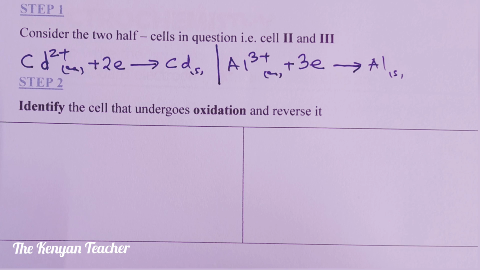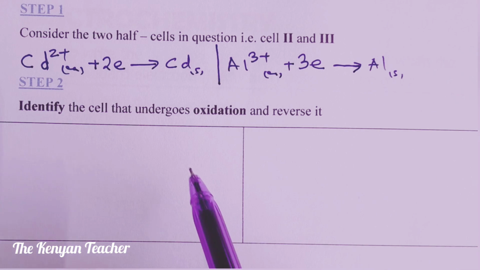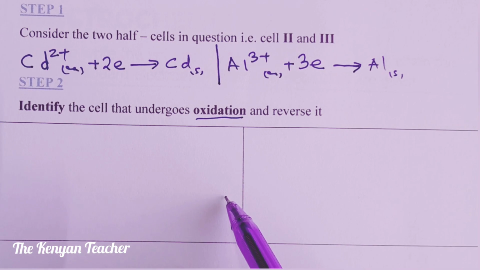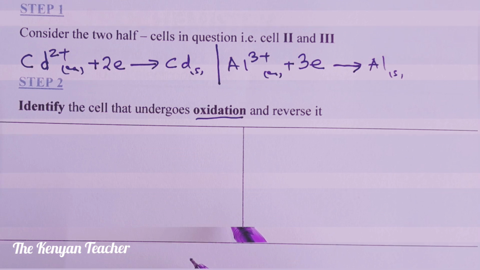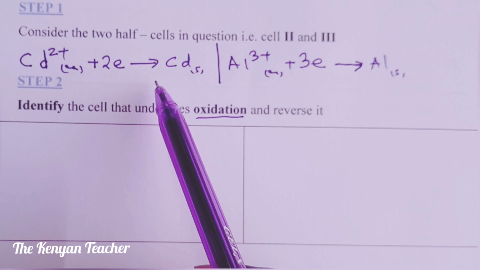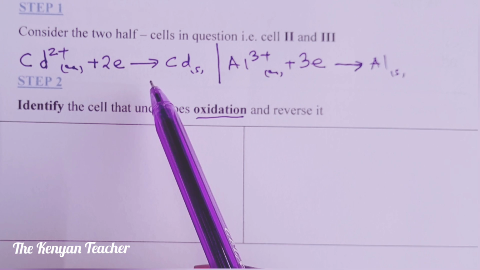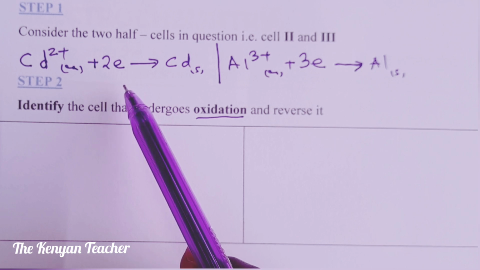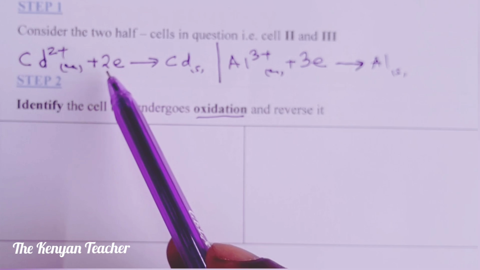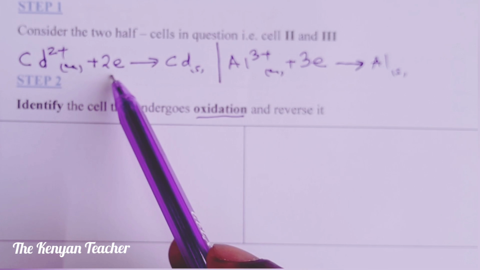Now, for step 2, we are supposed to identify the cell that undergoes oxidation. Why we are doing so is they are all presumed to have undergone reduction. And that's why the E0 values are also called standard reduction potentials. So our first half cell has accepted 2 moles of electrons.